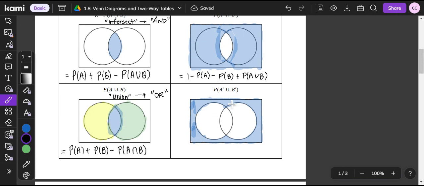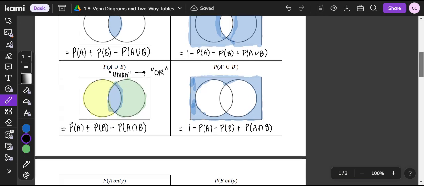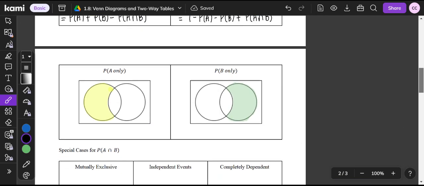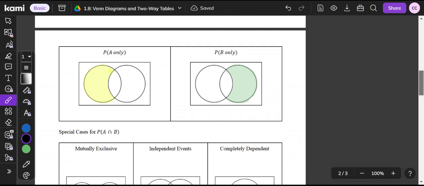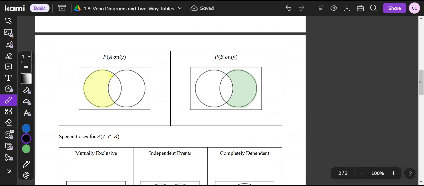Okay, now for this one, same deal. We're going to do the same exact formula and we're going to subtract it from 1. So I have 1 minus the probability of A minus the probability of B plus the probability of A and B. All right, now the last two.